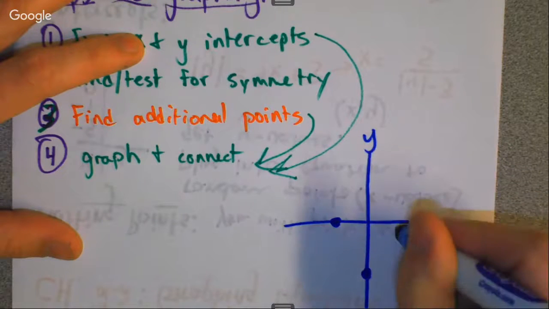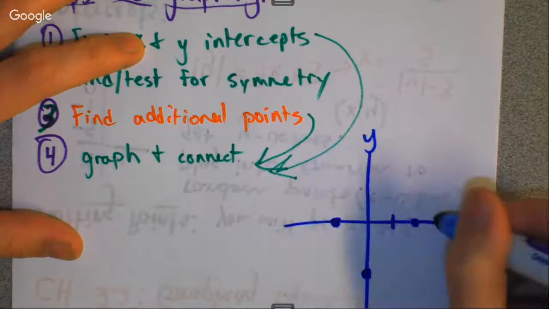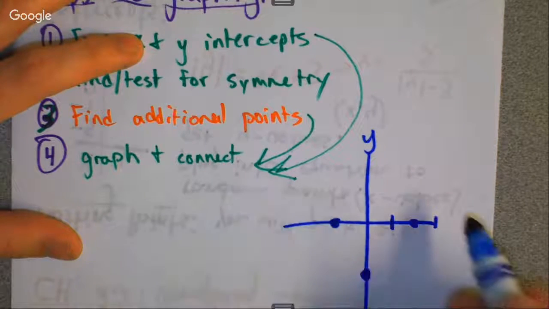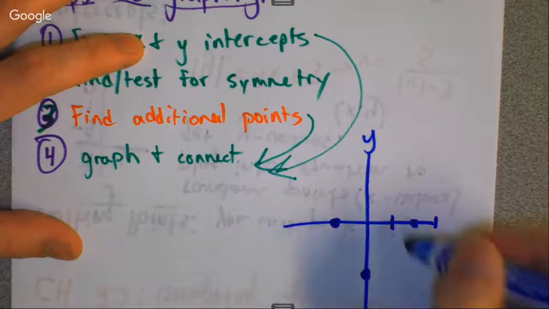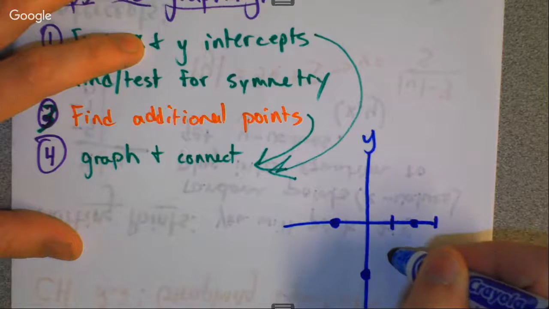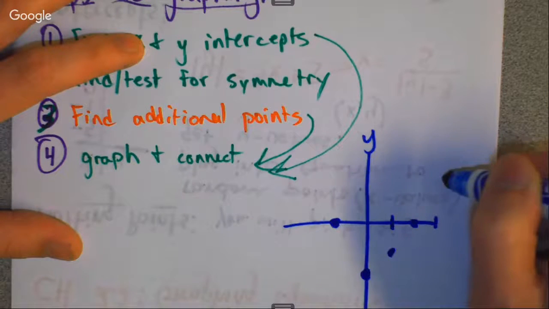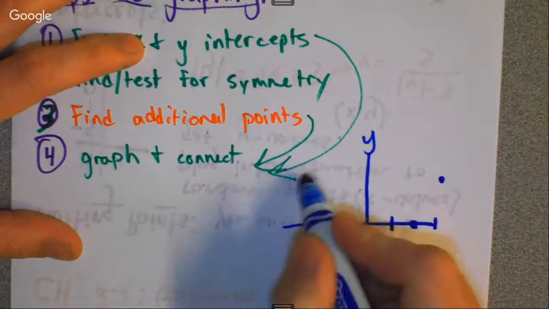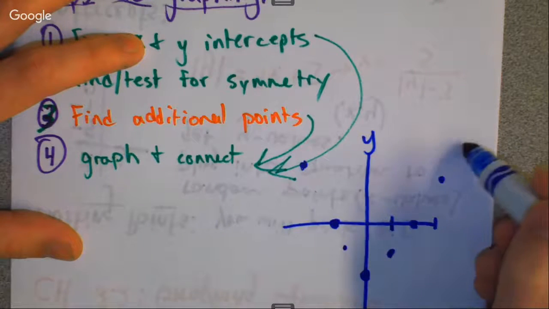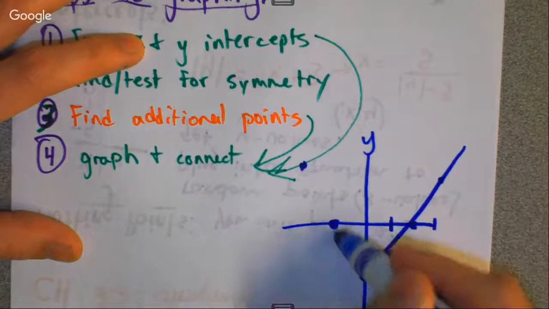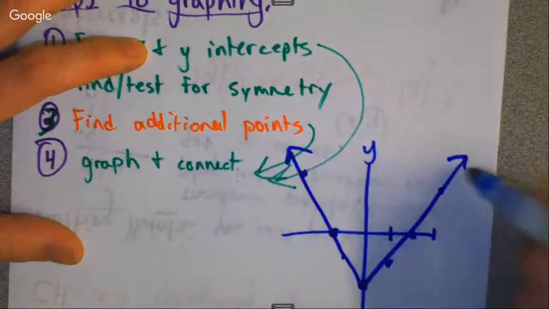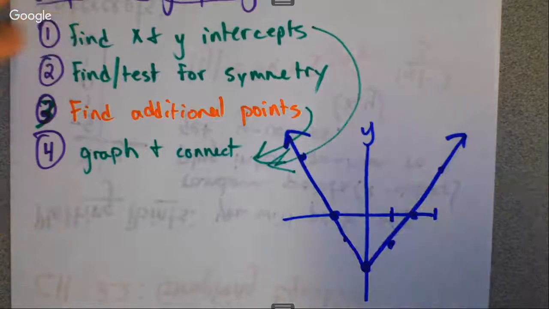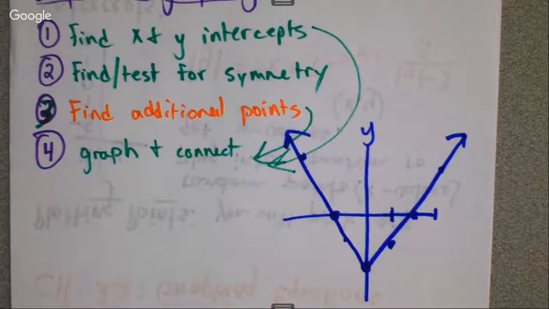So I may want to find some more points here and maybe here, and then I can just reflect them over that axis. So let's say this point is here, and this point is here. Then I'll reflect that the same distance over there and there. That actually looks like I have absolute value there. We'll do some more of those in class time.